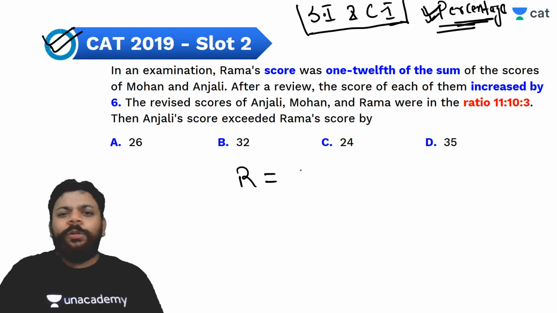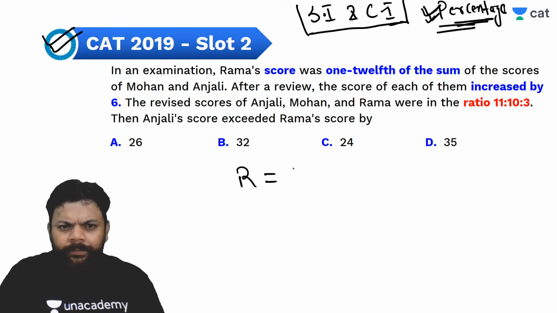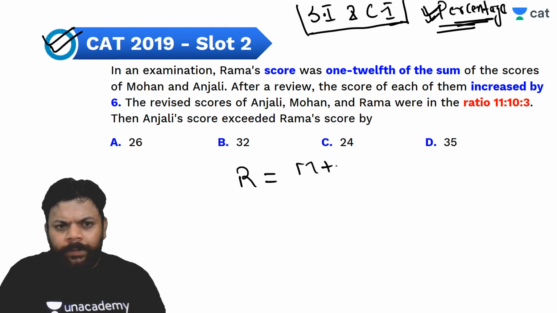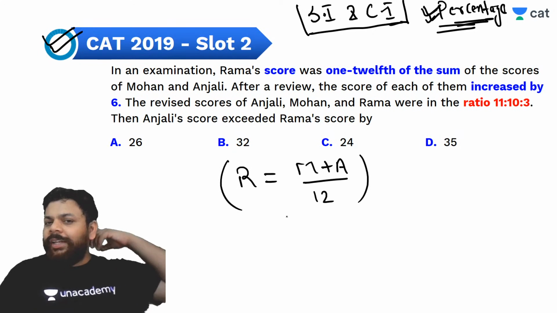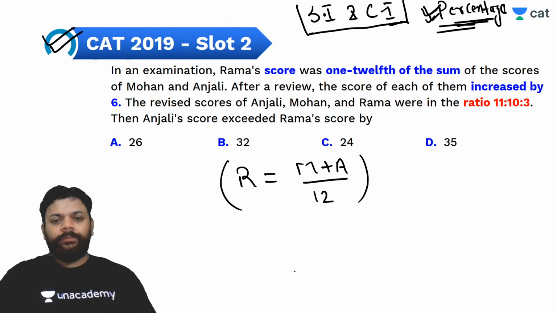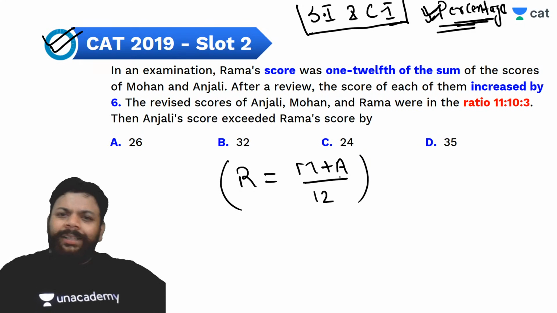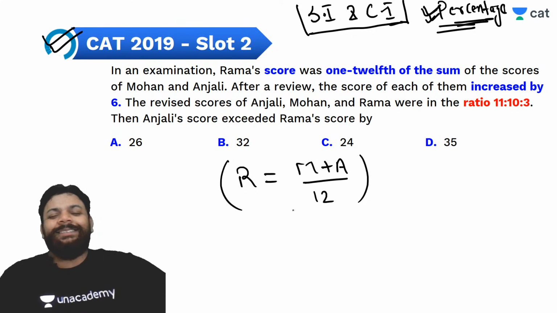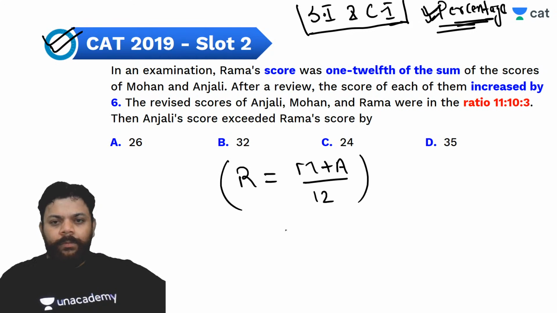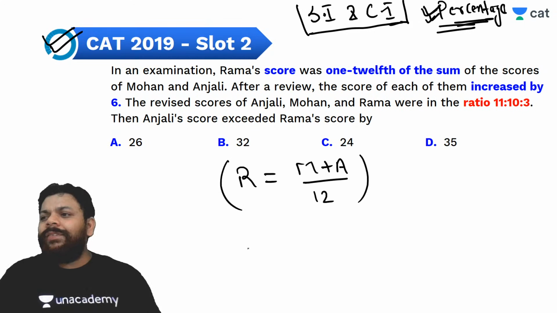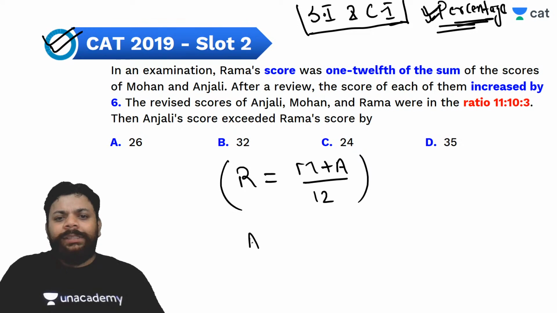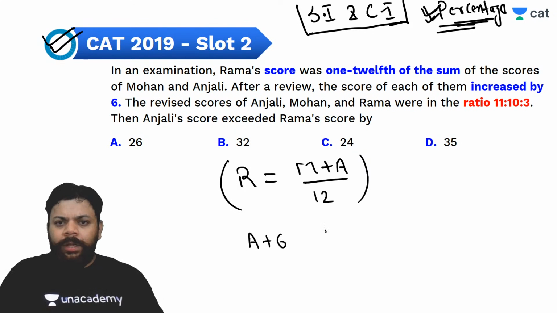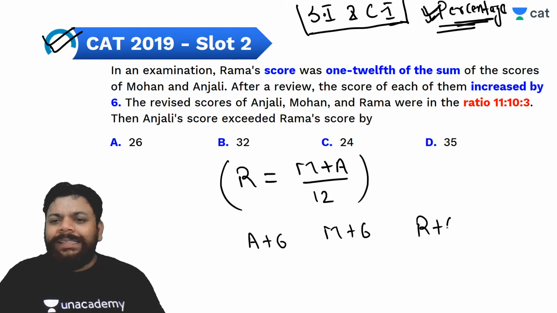I can write Rama's score as 1/12 of मोहन प्लस अंजलि का स्कोर है. एंड सेकेंड कंडीशन इज गिवन दैट सभी का जो मार्क्स है 6 से इंक्रीज हुआ. दैट मीन्स अंजलि का भी मार्क्स 6 से इंक्रीज हुआ, मोहन का भी मार्क्स 6 से इंक्रीज हुआ, and Rama's score is also increased by 6.